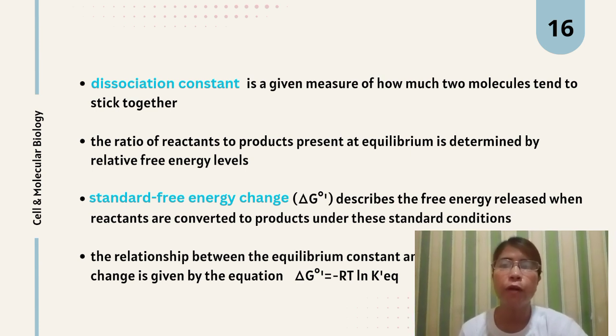So, the ratio of reactants to products present at equilibrium is determined by the relative free energy levels.